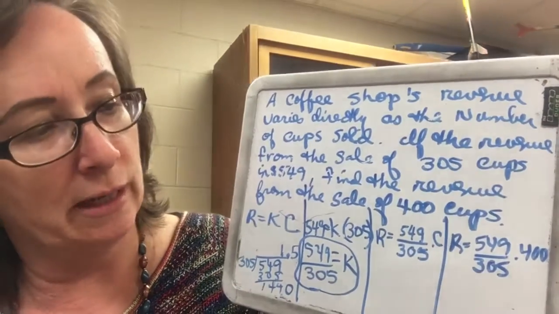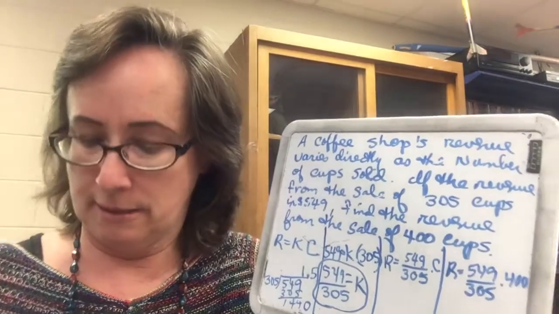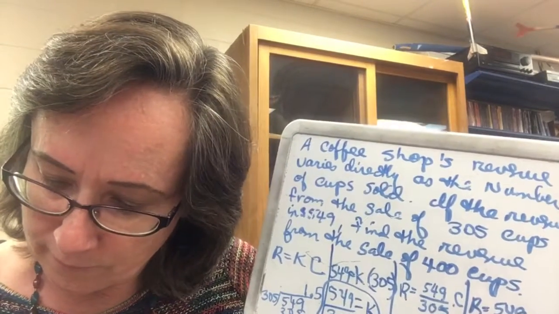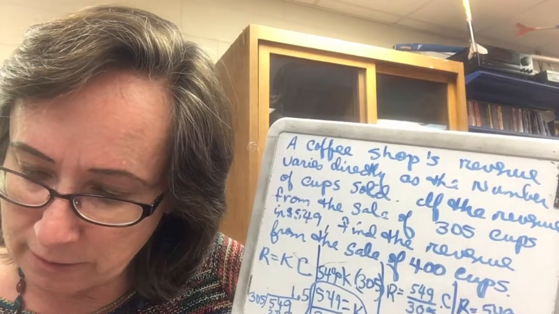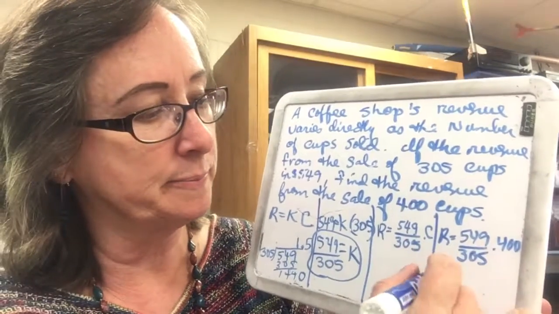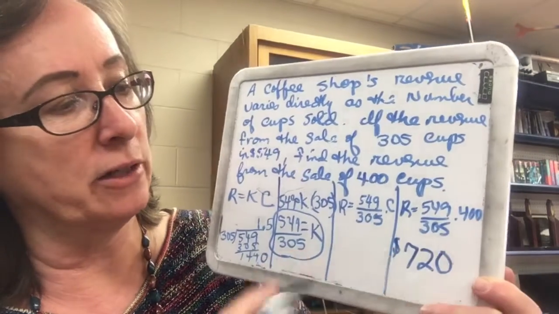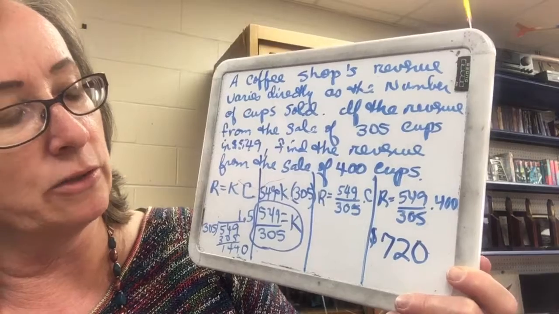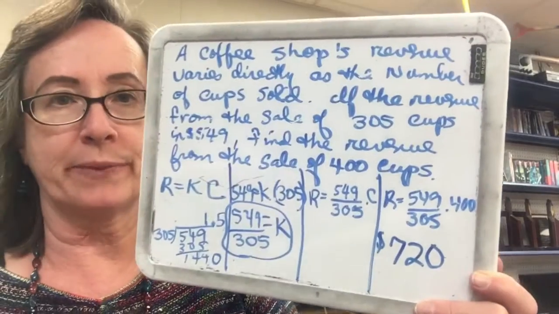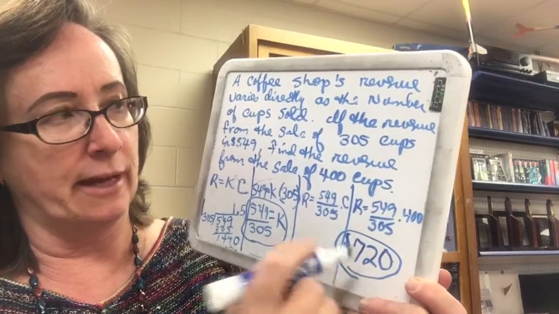Okay, 549 divided by 305, and we should get $720. So hopefully if you multiply all that out, you're going to get $720. We could cancel the 5s, but we would have to multiply. So that's the process, and that should be the answer there.